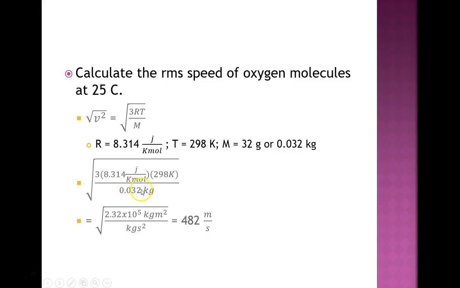Well, it's left out of this. The molecular weight of oxygen is 0.032 kilograms per mole, and that will flip up here and cancel that out. I didn't put that in there, but if you're wondering where it went, this is actually kilograms per mole, so that goes away. Now when we take the square root of this whole thing, remember kilograms have canceled, meters per second will come out, and the square root of 2.32 times 10 to the 5th is 482. So the RMS speed or RMS velocity of oxygen molecules at 25 degrees Celsius is 482 meters per second.